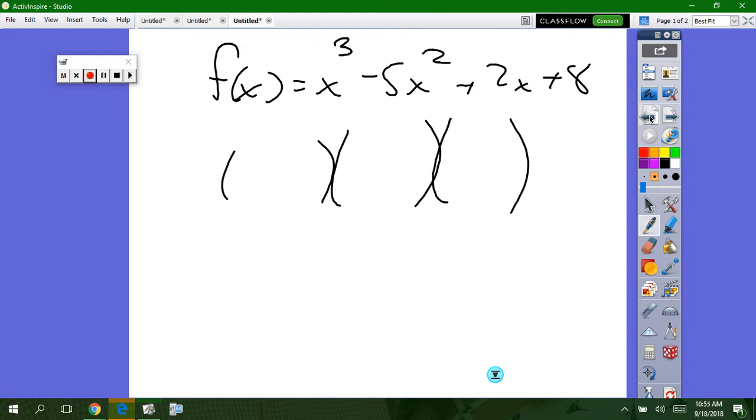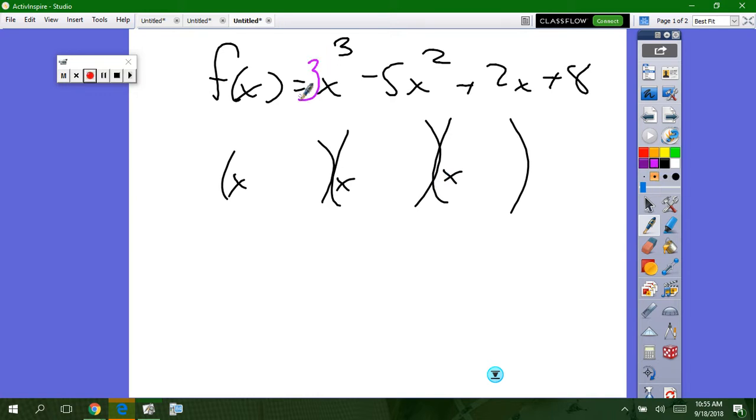This is 3 linear pairs, right? What needs to go here, here, and here to get to x cubed? You guys agree with that? Because when I multiply that through, x times x times x has to be x cubed, right? What if this was a 3x squared, x cubed?